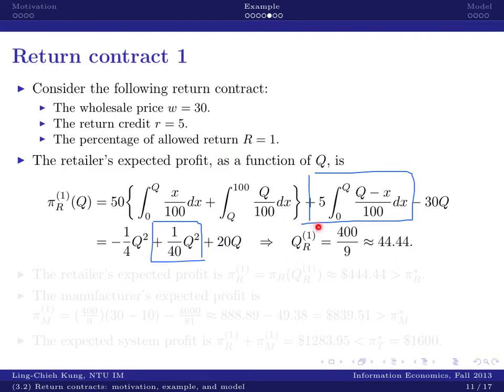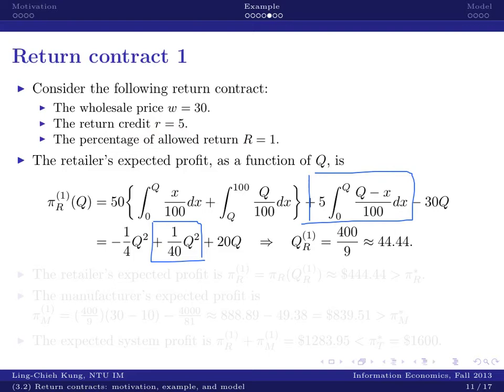The retailer's quantity will get higher. The retailer will now order 44.444 and so on, which is higher than 40. The retailer is going to order more. Definitely that's true, because now the retailer feels more confident about having overstock, since the retailer can return those products to the manufacturer and get some compensation, right?